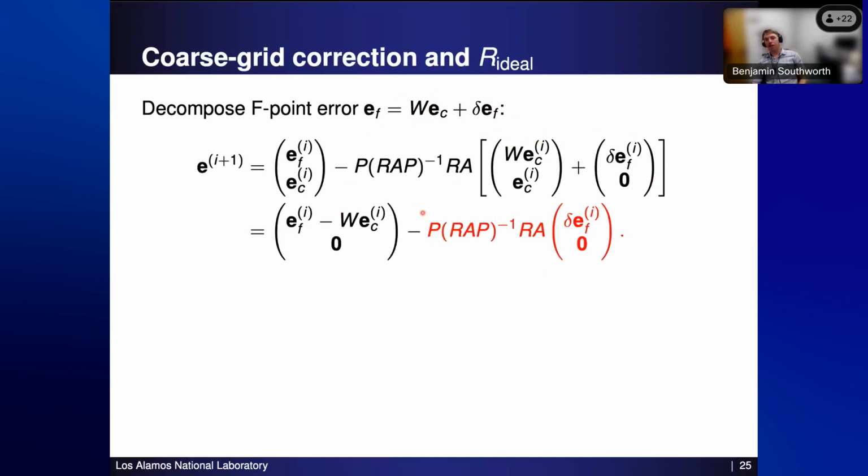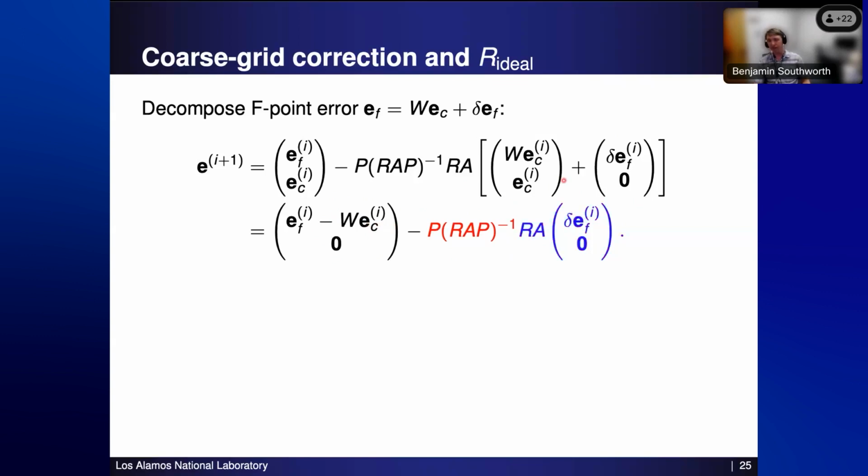Then we can combine it into this form. In the first part, we have zero C point error. Then we have however accurately we can interpolate our F point error from our C points, our coarse grid. Then we have this extra term, which is really our projection pi times this delta, the other stuff over the F points.